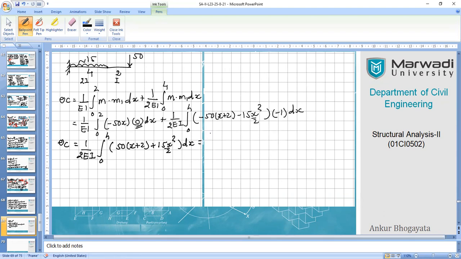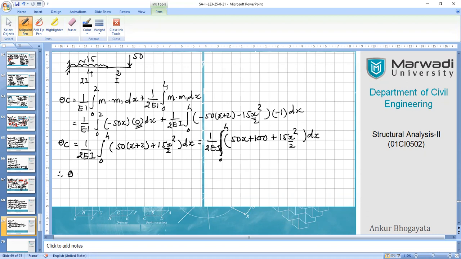So let's expand, let's integrate now. 2EI. Let's expand this: 50x plus 100 as usual, plus 15x square dx. We cannot integrate it yet because we only expanded it. So we'll write here 0 to 4. Don't mind, this is an integration sign only.